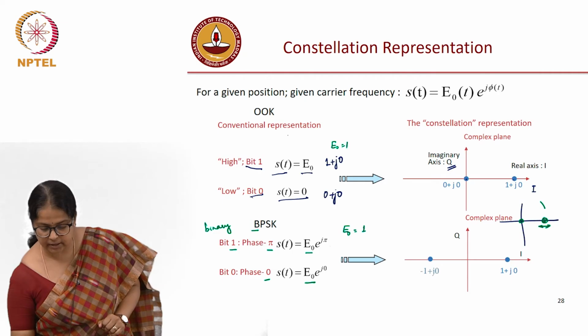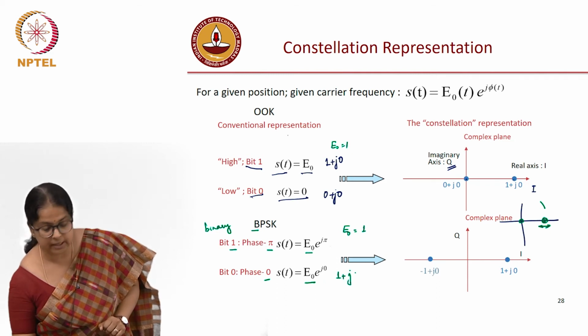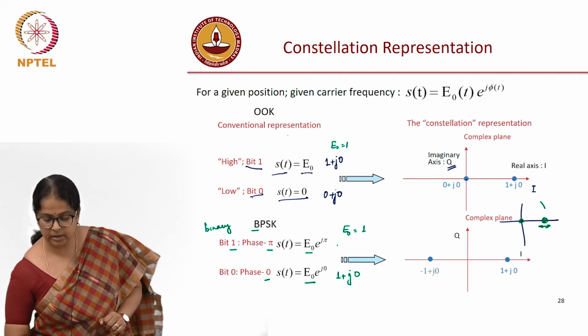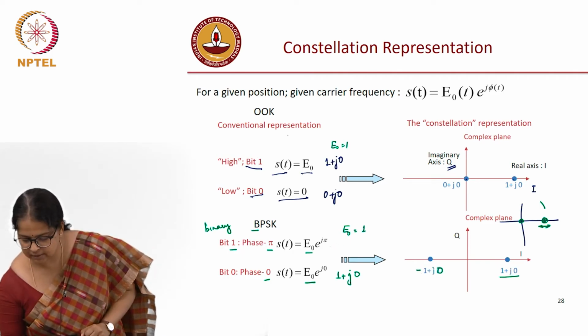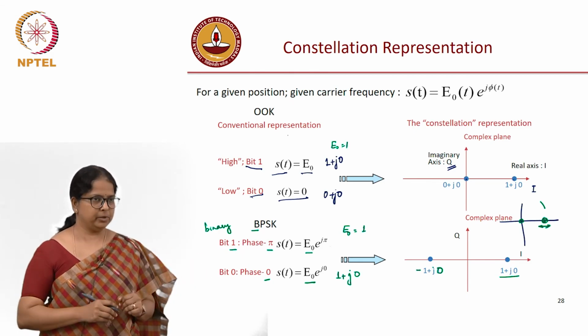If I say E naught is equal to 1, in one case I would get 1 plus J0, and what about this one? It is minus 1 plus J0. So, these are your constellation points.